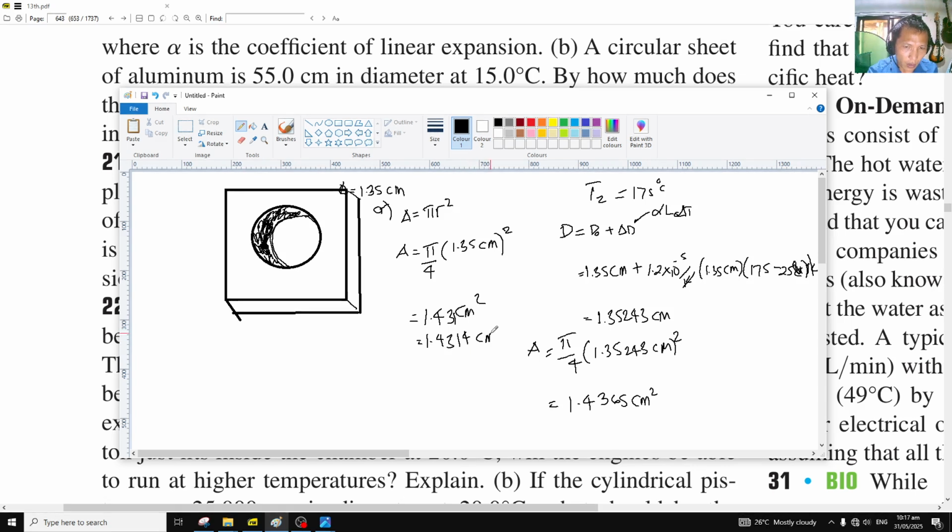1.43114 square centimeter, in 6 significant figures.